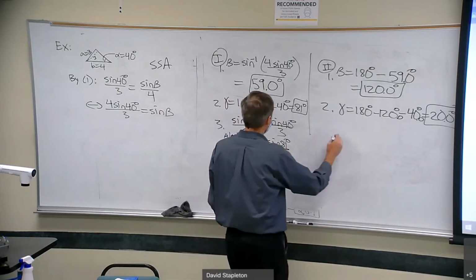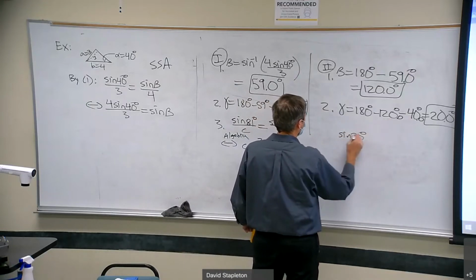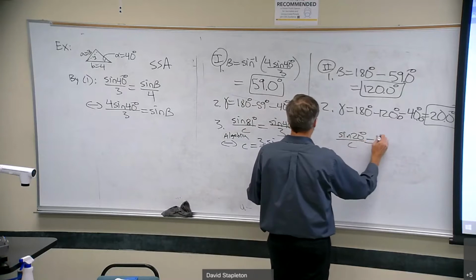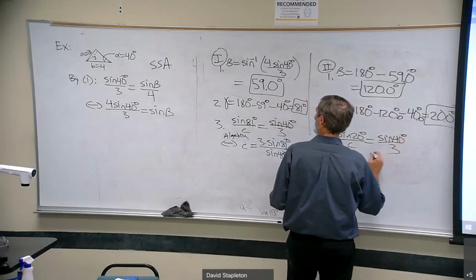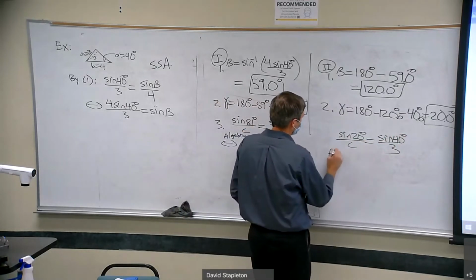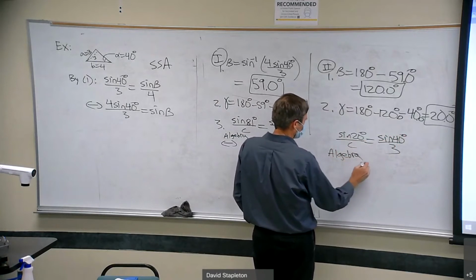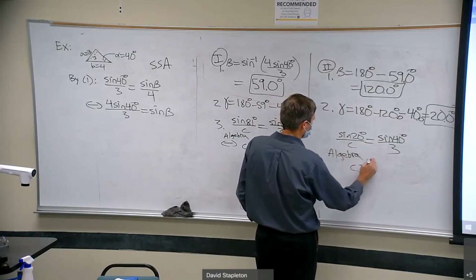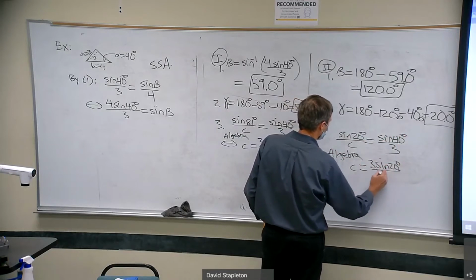Or over here, you write sine 20 degrees, gamma, is to C, as sine alpha is to A, sine 40 is to 3. And again, by algebra, cross multiplying or taking reciprocals, you get C equals 3 sine 20 degrees over sine 40 degrees.